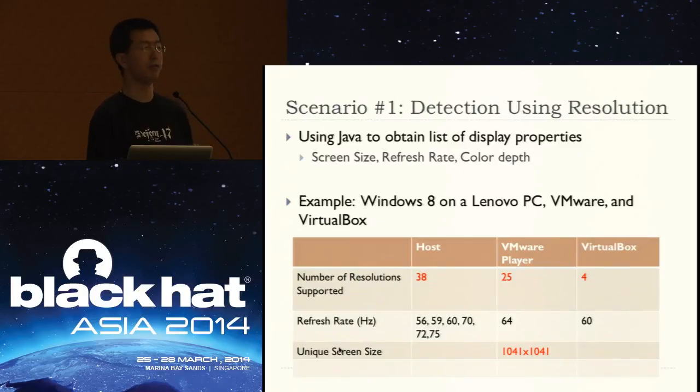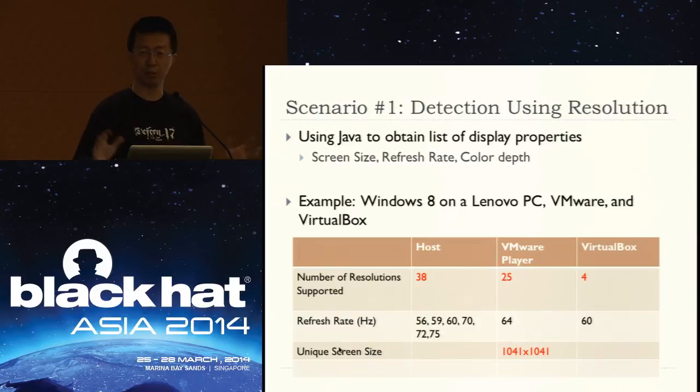Okay, we start first assuming this is an appliance running a Java virtual machine. So we wrote a simple dummy Java program. What this program does is it tries to enumerate all the possible resolutions supported by the adapter. It turns out the JVM exposes this to the virtual environment.